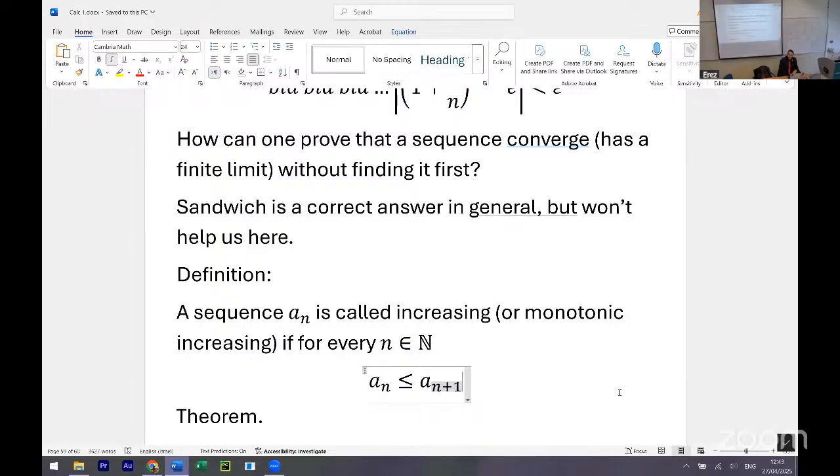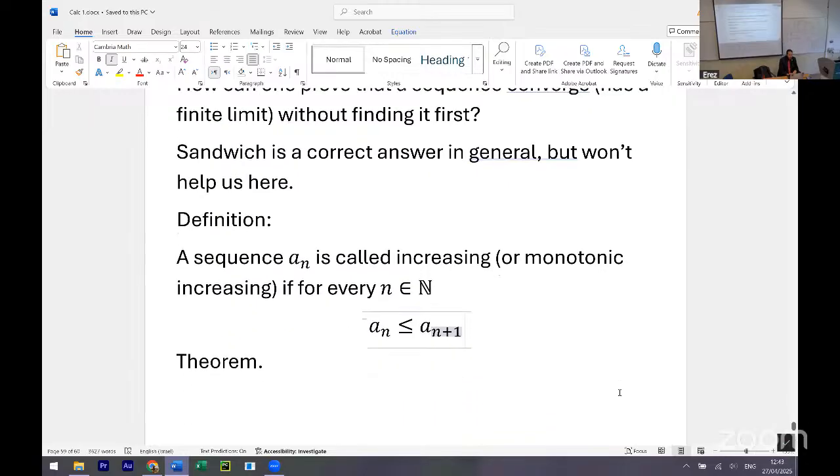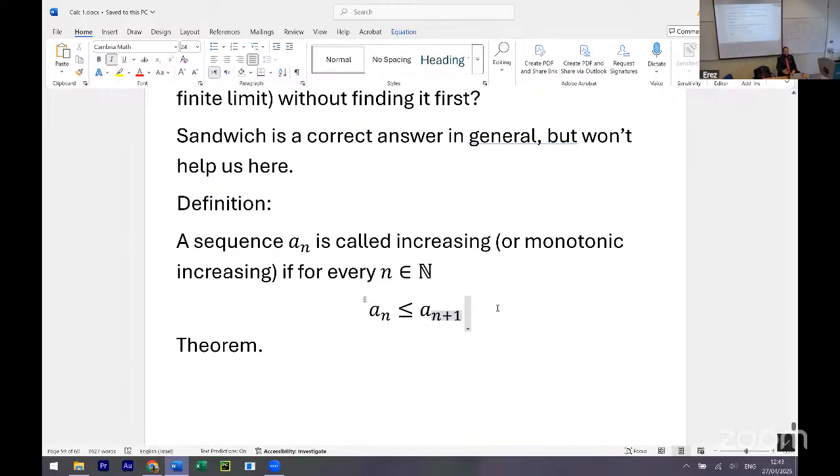That the next element is bigger or equal to the former element. Okay, agreed so far? And obviously there is a similar definition for monotonic decreasing. I will not write it as it is a waste of time.